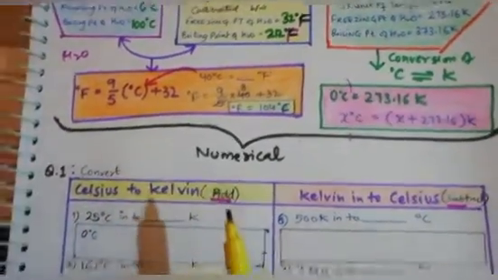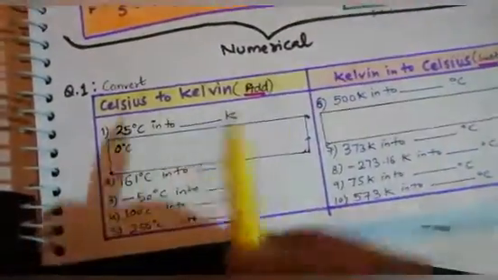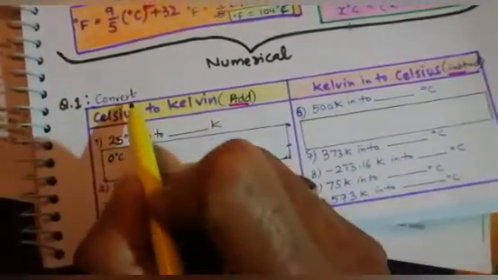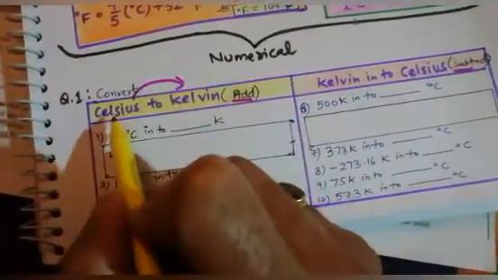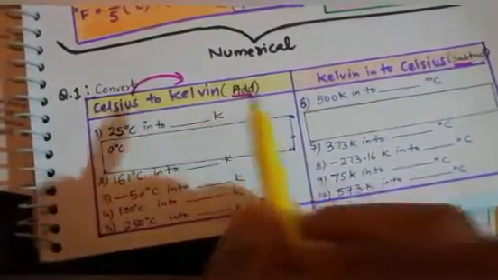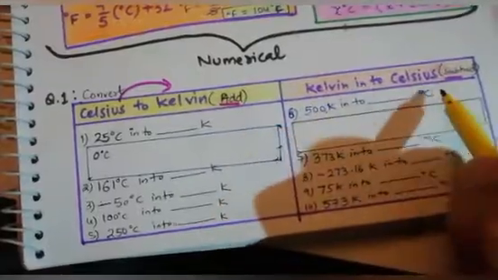So let's start the numericals which can be asked in the exam related to this. A question can be there: convert Celsius into Kelvin. You see very clearly, Celsius is on this side, Kelvin is on this side, whereas in the opposite, Kelvin is on this side, Celsius is on this side.